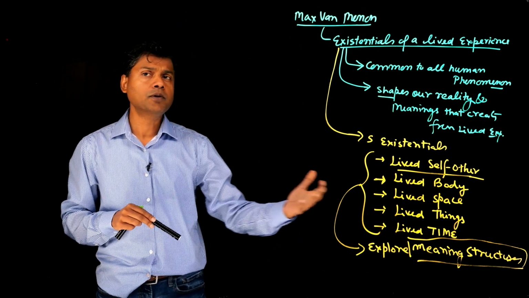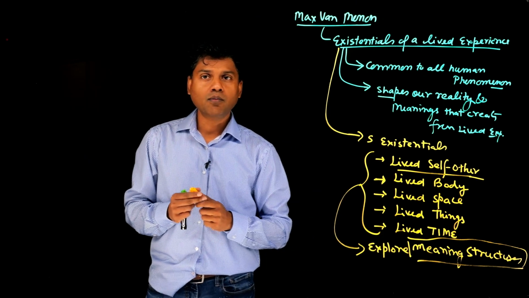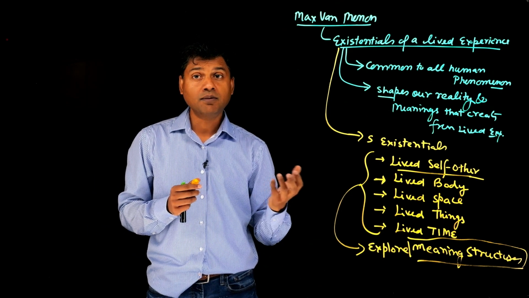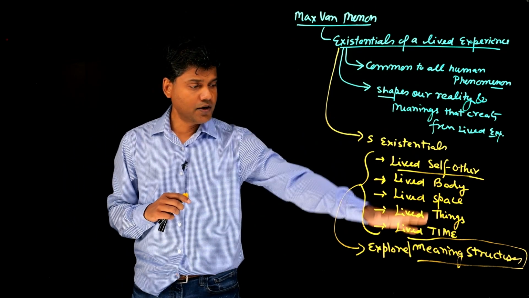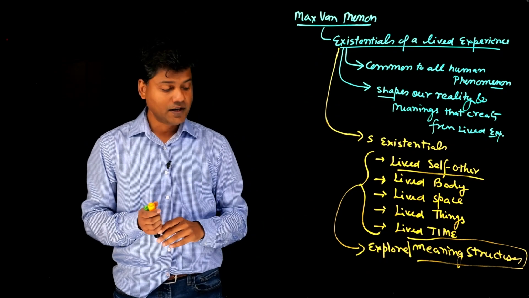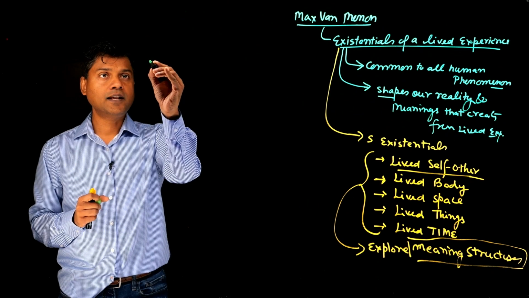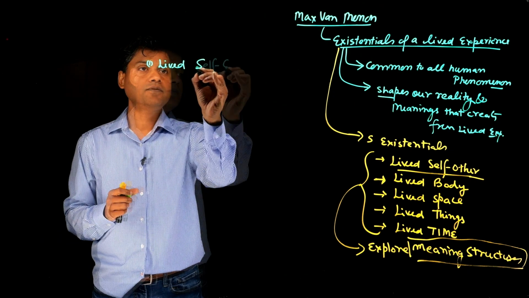And this is the purpose of a phenomenological study, to understand the core structures of the meanings of these lived experiences. So we are going to learn all these 5 elements that will help us in our data analysis process. So now let's start with the first element. We call it lived self-other.